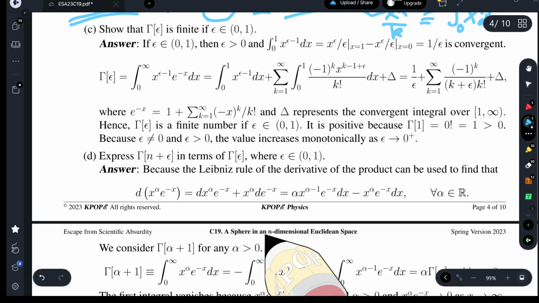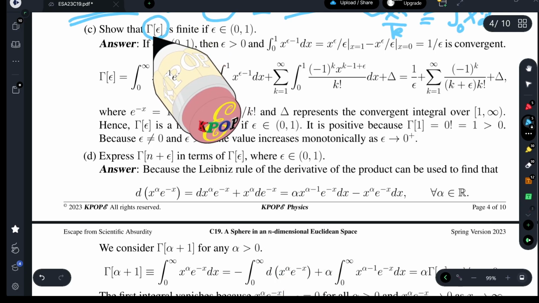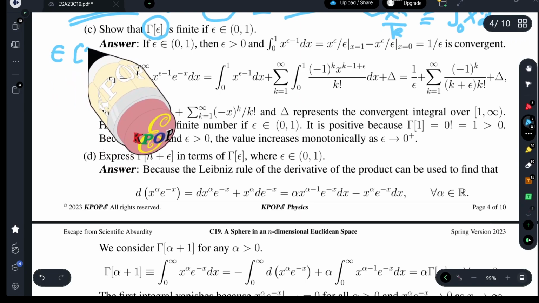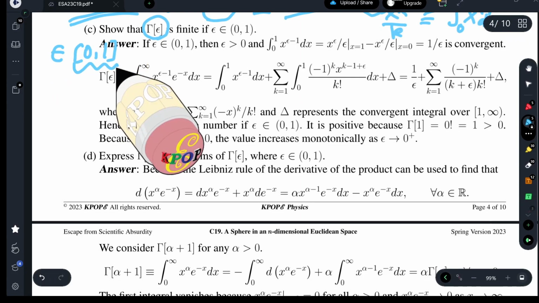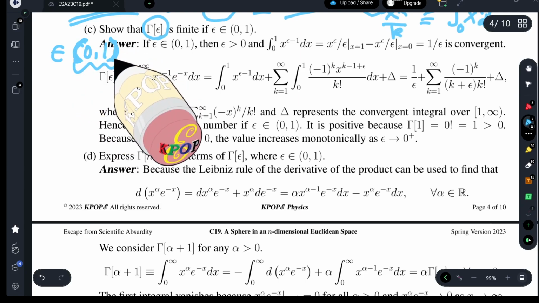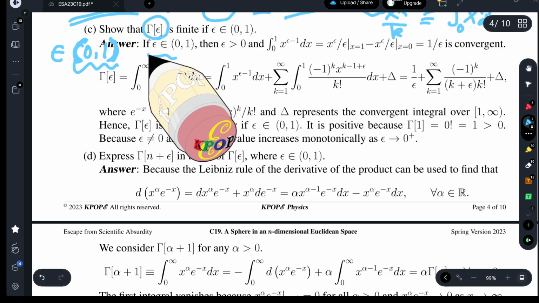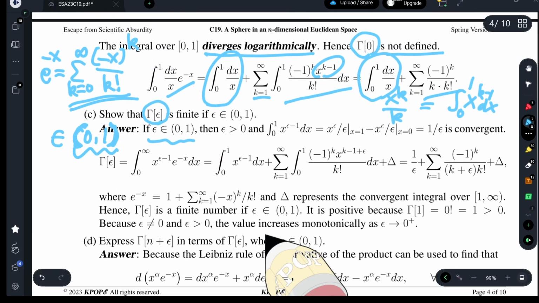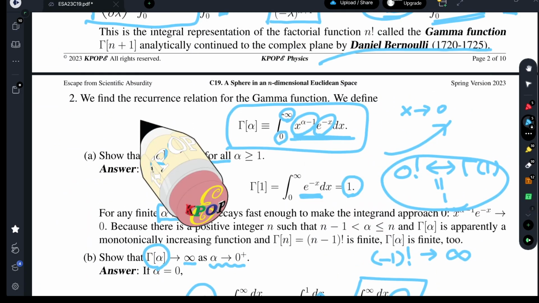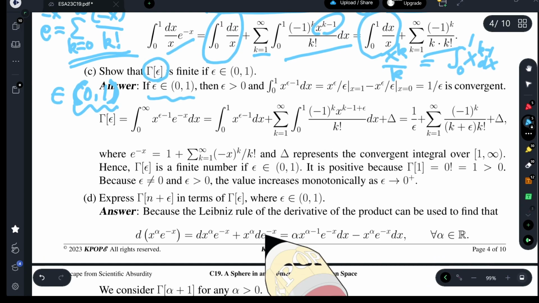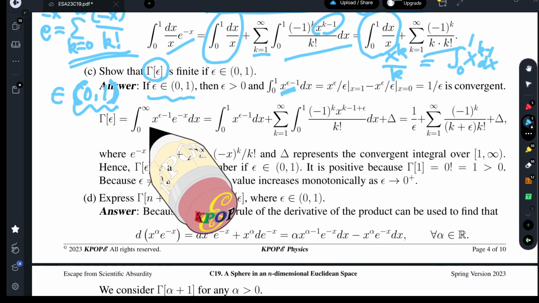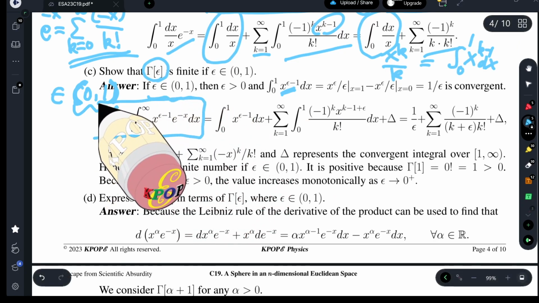Next, we consider gamma epsilon, where epsilon is a fractional number between 0 and 1, so let us exclude both 0 and 1. If this is the case, we have the integrand here. This is the definition of the gamma function.